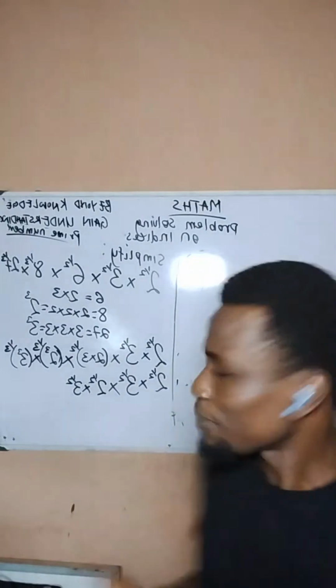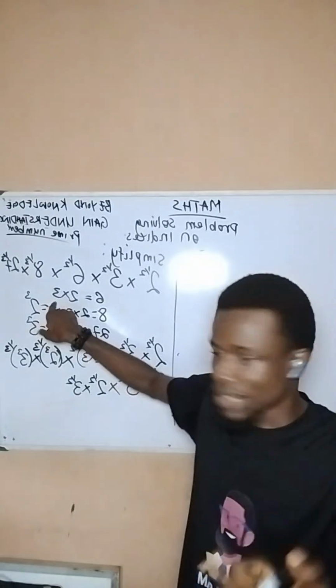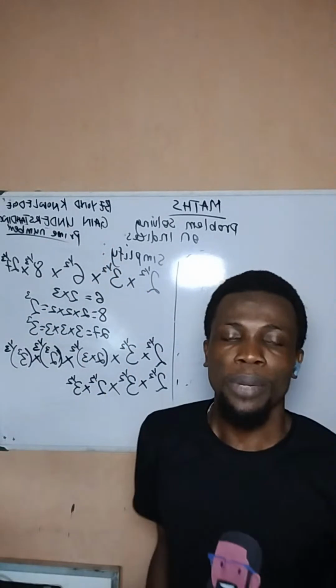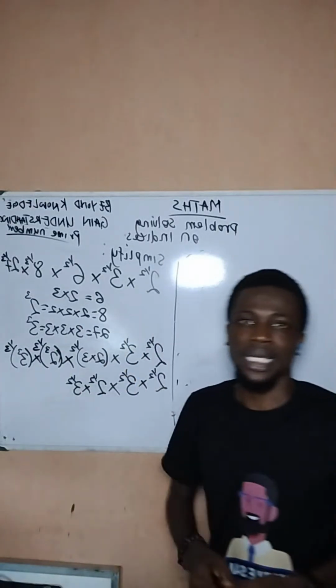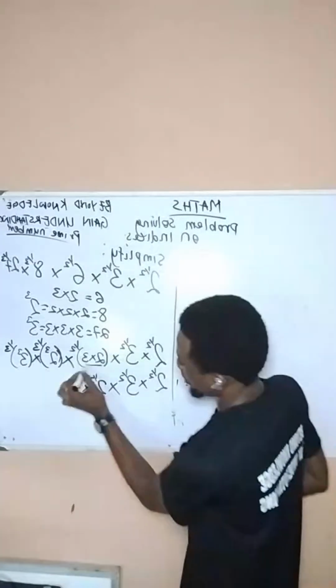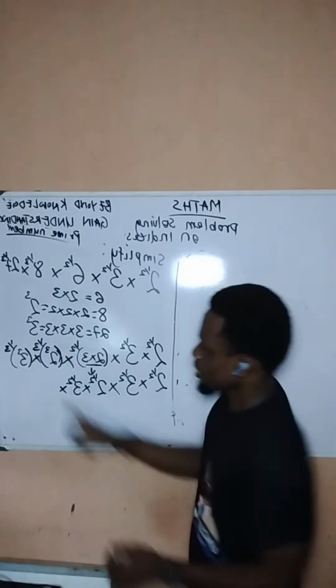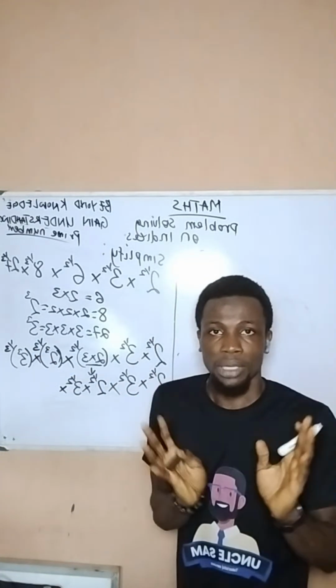Why am I doing this? Because I know that 6 is the same thing as 2 times 3, and there's a power here. So I can actually separate the power and attach it to whatever is inside of the bracket that I created. So this is for both of them. And for this, the innermost power will multiply the outermost power, which is one of the laws of indices.